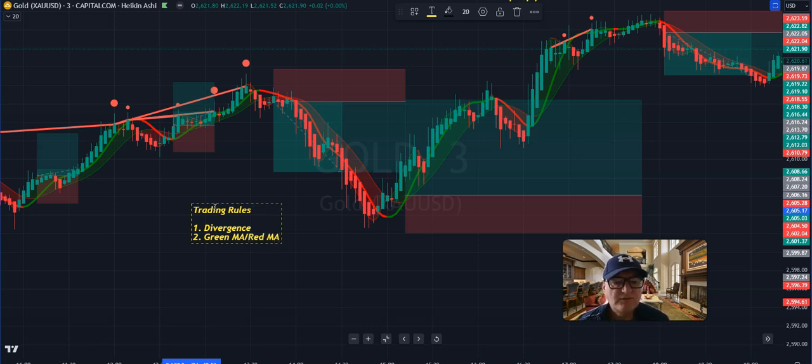So a green moving average for a buy and a red moving average for a sell. Simple. It's not rocket science, this, guys. You are going to trade with 2 to 1 risk to reward on each trade.